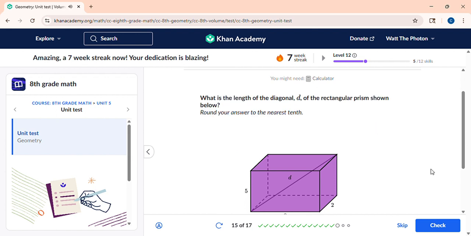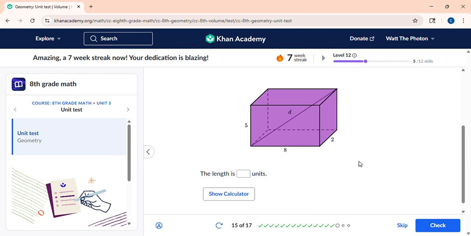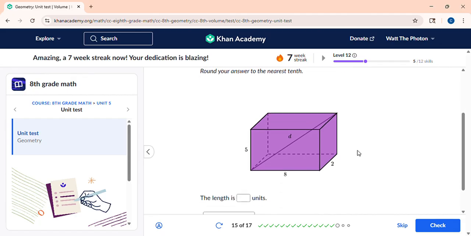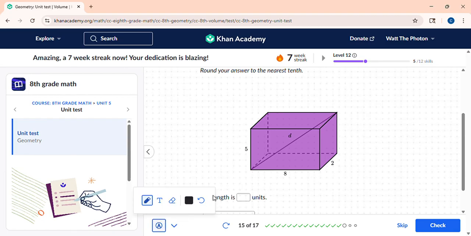What's the length of the diagonal of the rectangular prism below? Let's see. We can find this area, right? We can find the hypotenuse of this.